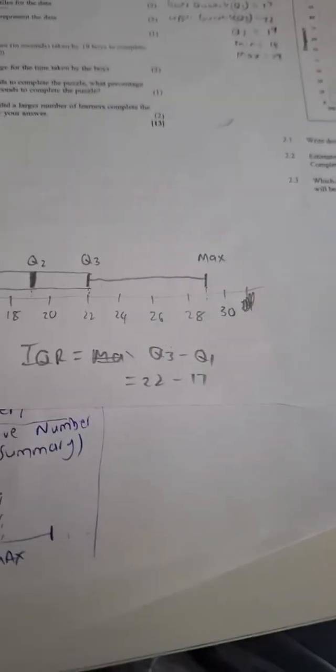Make sense? So Q3 minus Q1, we already have Q3, it's 22 minutes. What about Q1? Q1 is 17 minutes. What's 22 minus 17? Oh, it's 5 minutes. So IQR, interquartile range, straightforward, guys.